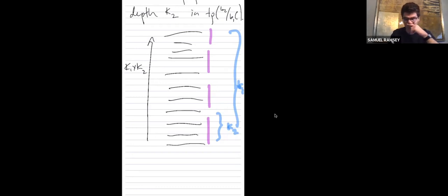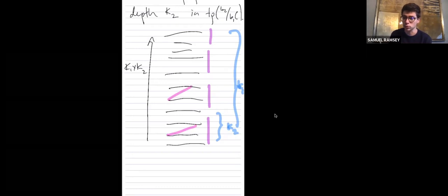That's the one where we know that we don't have something of depth kappa 2 in it. So we look at this one and we move it to become indiscernible over B2 and C. And then we look at this block and we move something here to become indiscernible over B2C. And we look at the next block and do the same. But when we're moving it to become indiscernible over B2C, we also move it to become indiscernible over all of the other stuff. That's part of our induction.